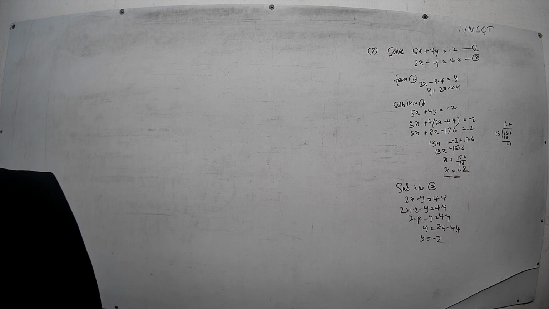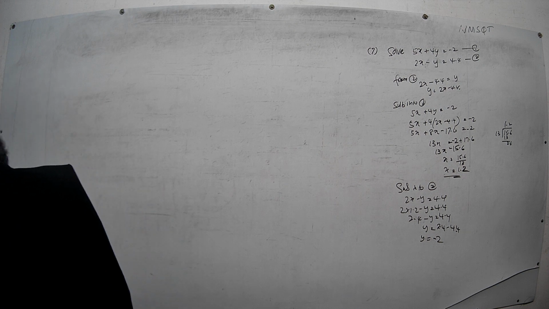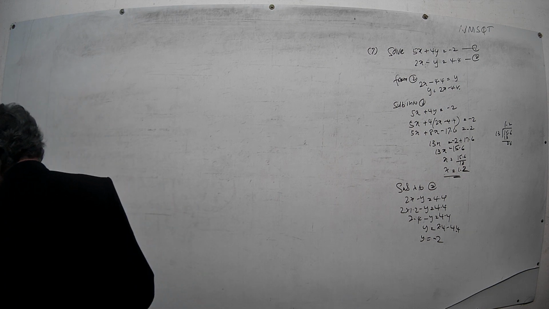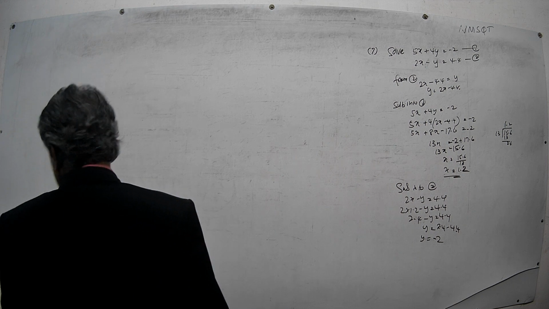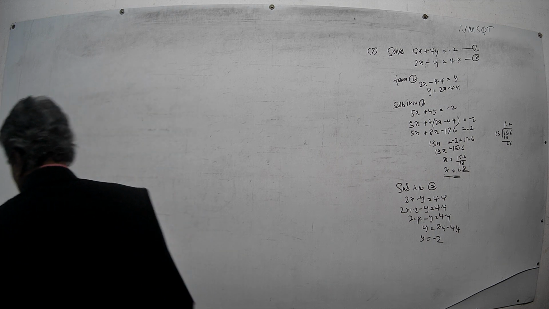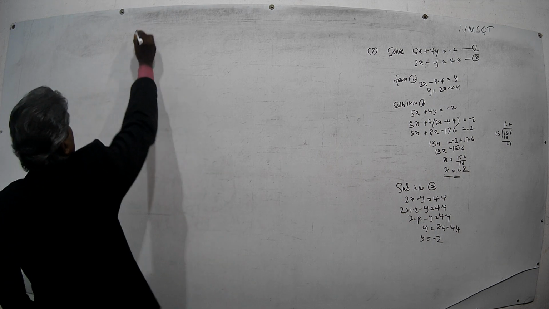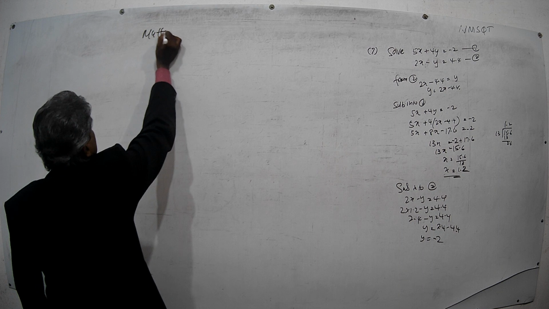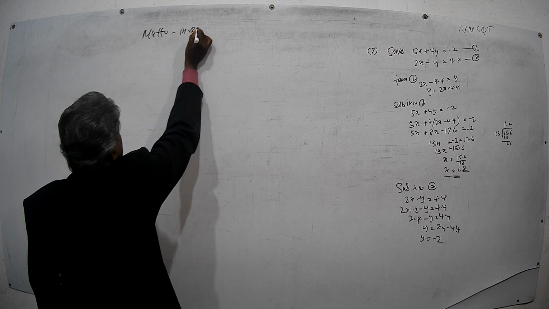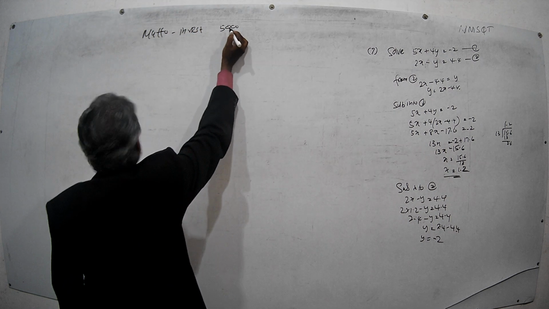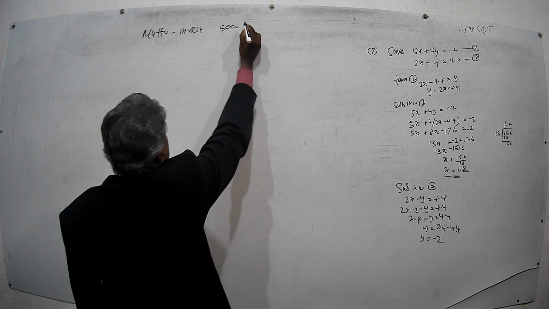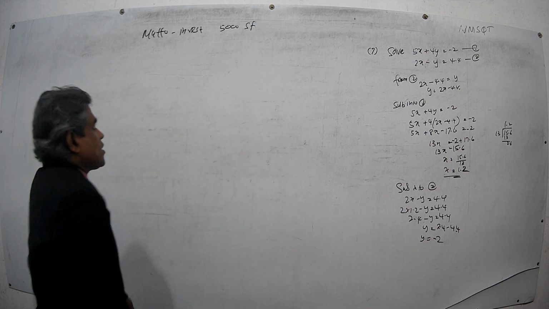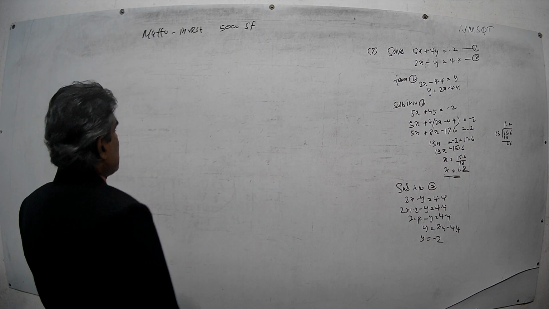Question 8. Matto is going to invest 5,000 Swiss francs for 2 years. There is one person called Matto, who is going to invest 5,000 Swiss francs.